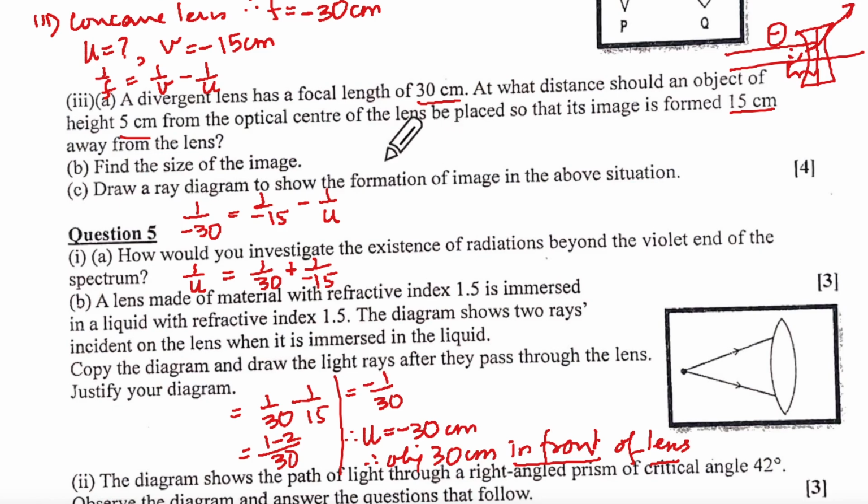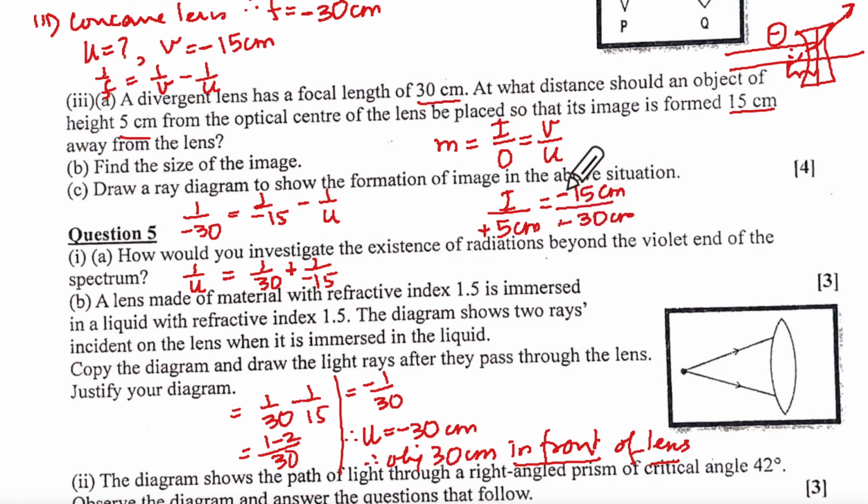Now they are talking about the size of the image, meaning magnification. What is magnification? I upon O, which is equal to v upon u. So I we have to find, and O is given as 5 centimeters, which will be plus. v is minus 15 centimeters, and u is minus 30.